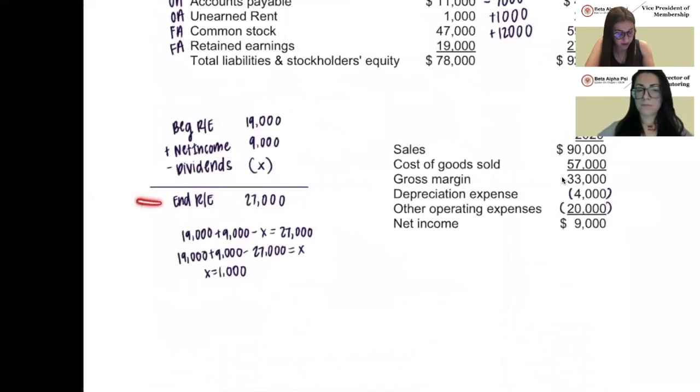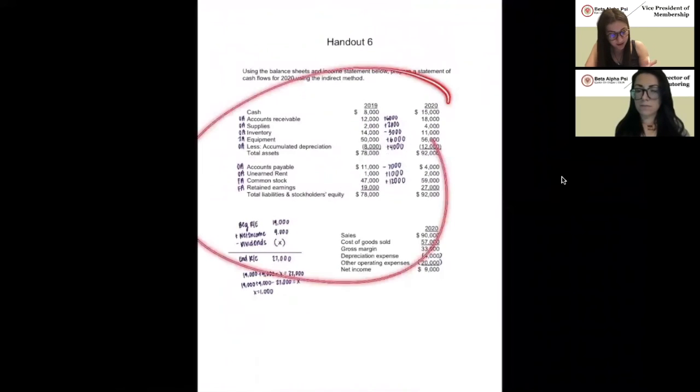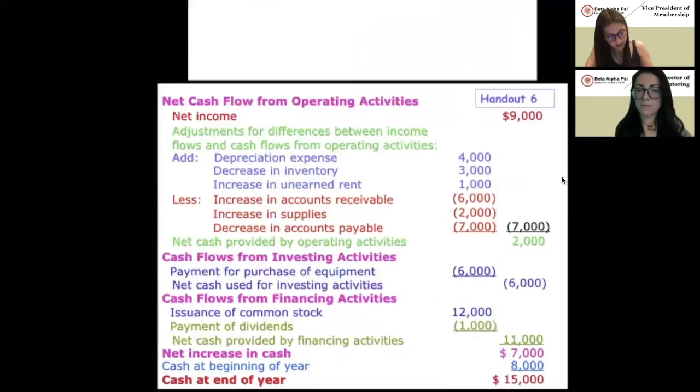Because our ending retained earnings formula is our beginning retained earnings plus our net income minus our dividends. So we have 19,000 plus 9,000 minus X, our dividends, equals 27,000. So X equals 1,000. And that's how you take all that information and create a statement of cash flows.